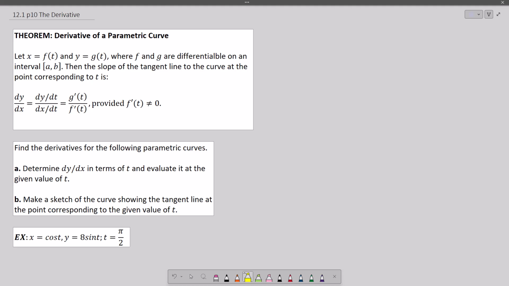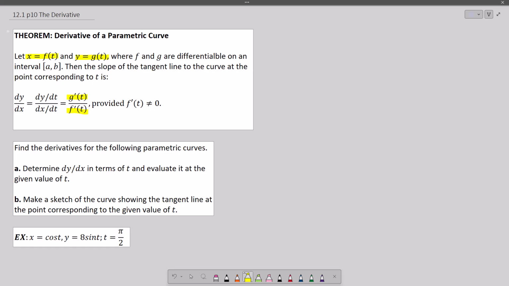If we have our parametric curve, so we have x as a function of t, y as a function of t, to find the derivative, to find dy dx, to find the slope of the tangent, we do g prime over f prime. That will be the slope of the tangent at a particular t value. And of course, we can't divide by 0, so f prime of t can't be 0.